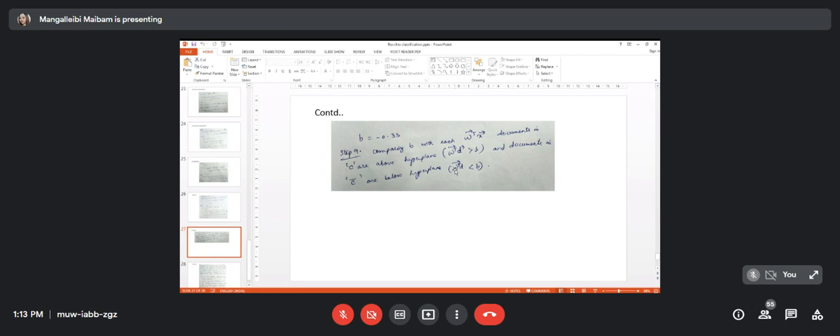Whereas in our North China class, for the document vector we got only minus 1.0082, which is lesser than minus 0.33. That's why it is below the hyperplane.